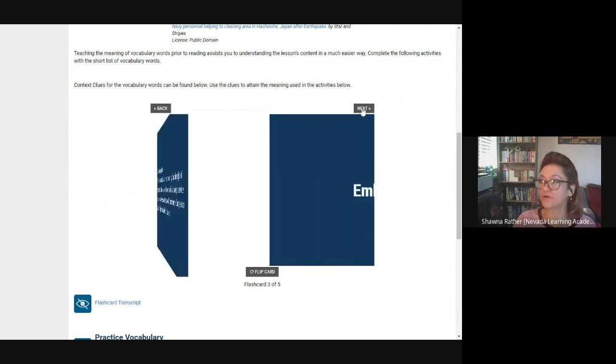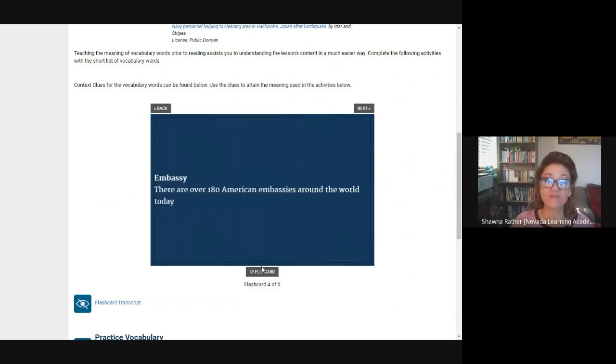Our next word on here is embassy. And there are over 180 American embassies around the world. An embassy is like the official residence and office of an ambassador in another country. And where an embassy stands, it basically takes on the land that it sits on, especially, it becomes the land of the country of that embassy.